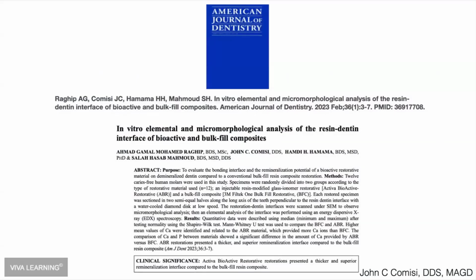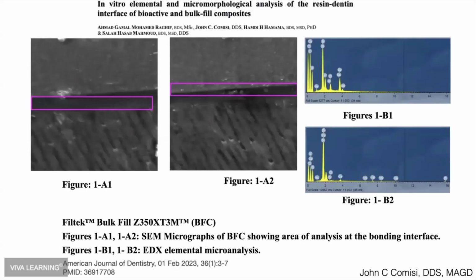And a paper by my PhD student, Ahmed, just a year or two ago, worked out this in vitro elemental and micromorphological analysis of the resin dentin interface. So we wanted to compare what a traditional composite, a traditional bulk fill, would do versus the bioactive materials. As this SEM shows, in the gap between the restorative material and the dentin, there is no activity.